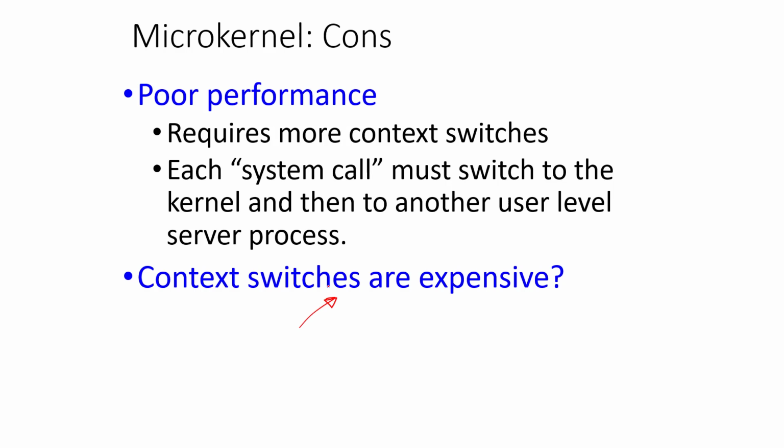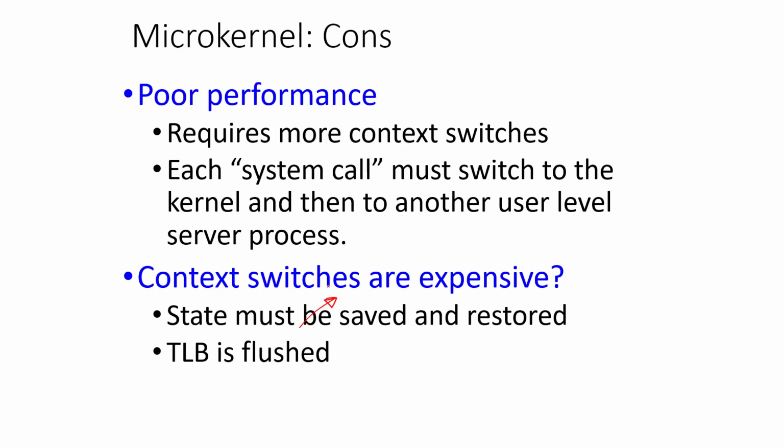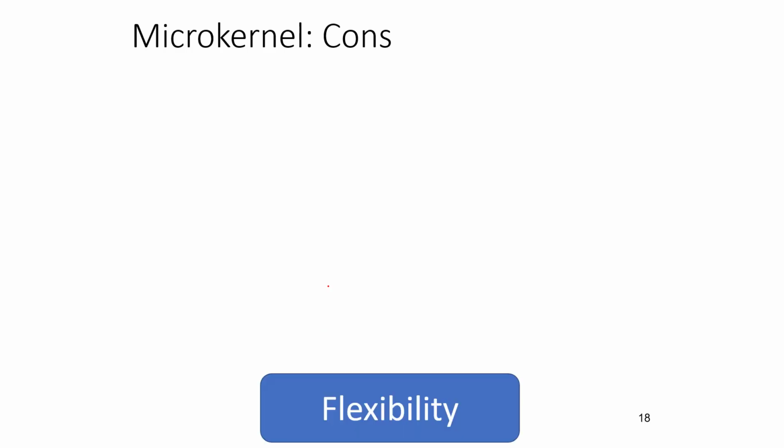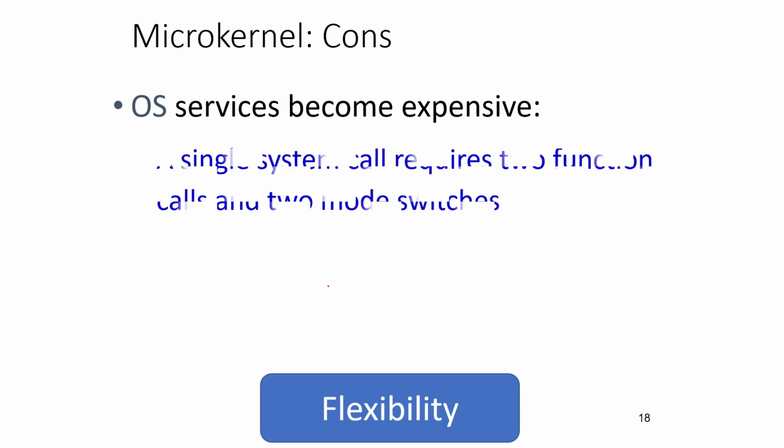Flexibility is not a one-way street. There are no free lunches in this world, and definitely OS flexibility falls in that. Every context switch involves a fair amount of work. We have to store some state, restore some state, and flush the TLB. So clearly, for flexibility, OS services do become expensive. A single system call, as you have seen, requires two function calls and two mode switches, as in the previous diagram.